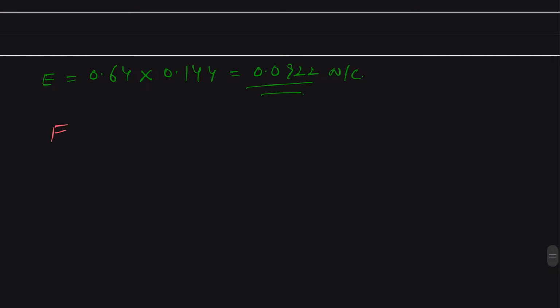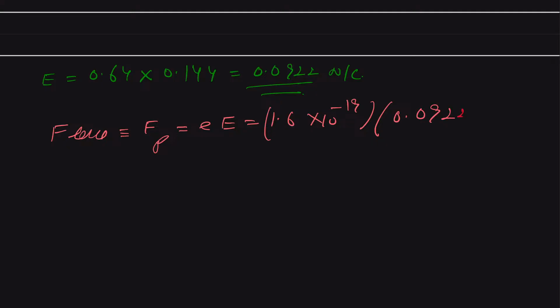Now we can find out the force. So we can say the force on proton will be our charge multiplied by the electric field. So this comes as 1.6 into 10 to the power minus 19 and 0.0922.